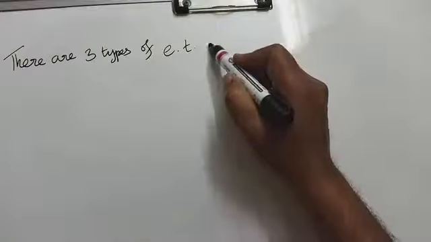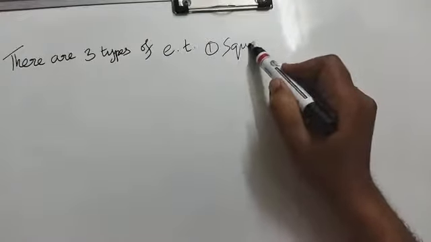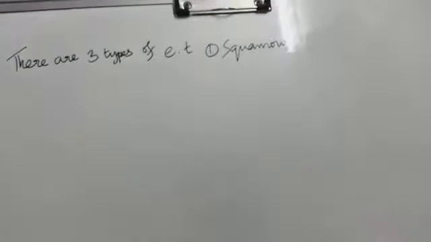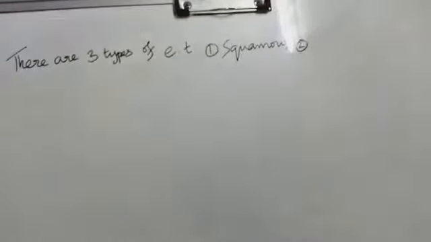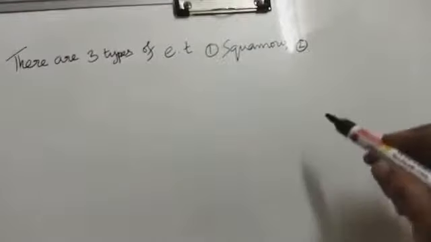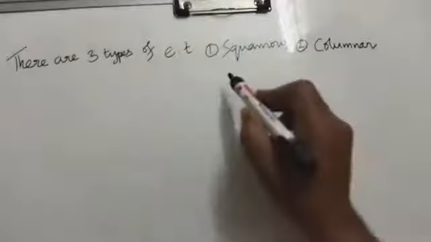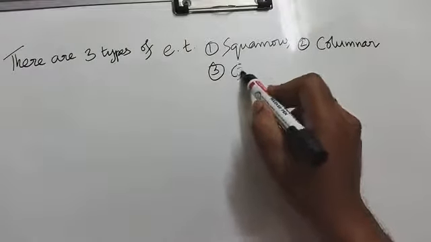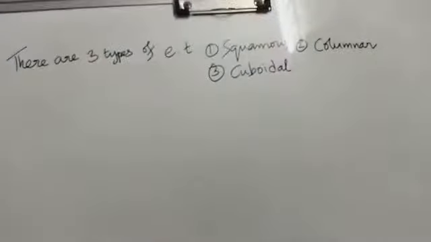They are squamous epithelial tissue, columnar epithelial tissue, and cuboidal epithelial tissue. Three types of epithelial tissue: squamous, columnar, cuboidal.